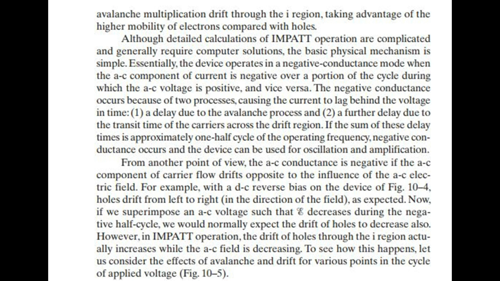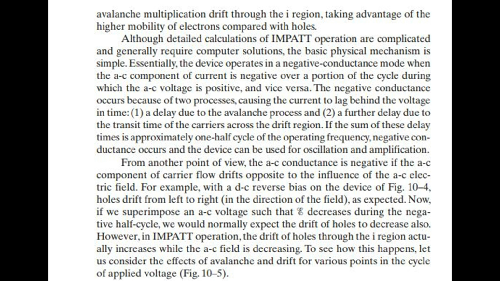The negative conductance occurs because of two processes causing the current to lag behind the voltage in time: 1, a delay due to the avalanche process, and 2, a further delay due to the transit time of the carriers across the drift region. If the sum of these delay times is approximately 1/2 cycle of the operating frequency, negative conductance occurs and the device can be used for oscillation and amplification.